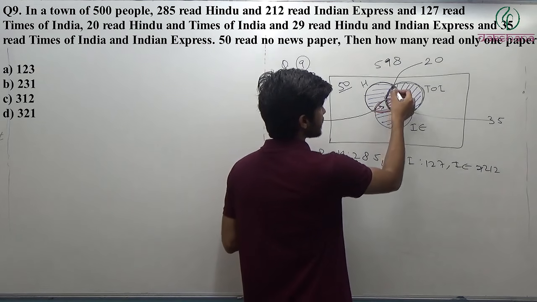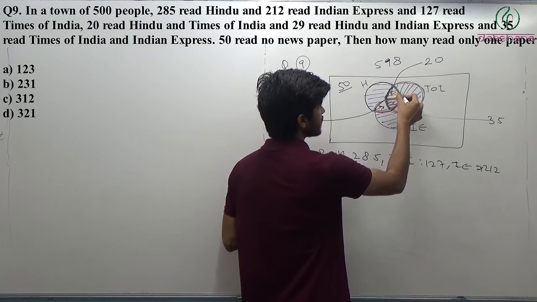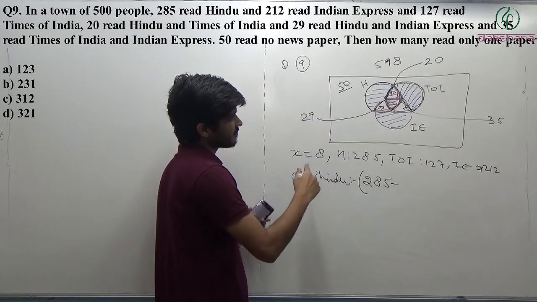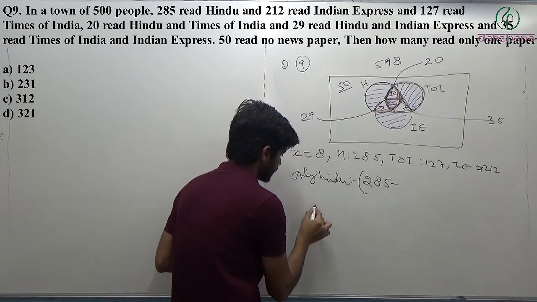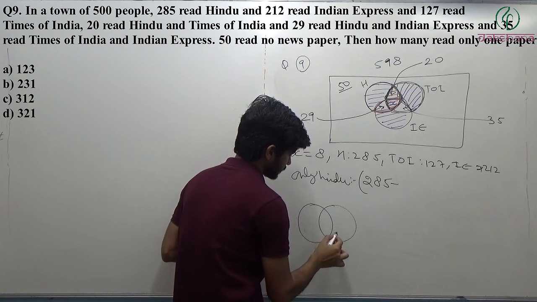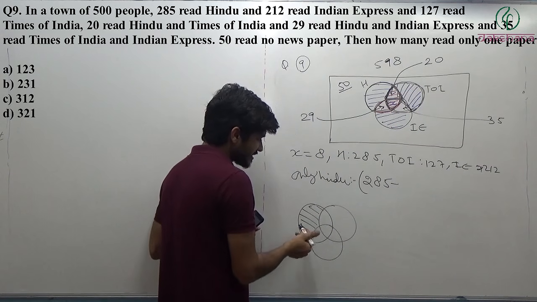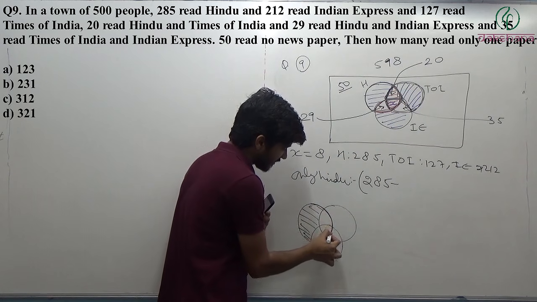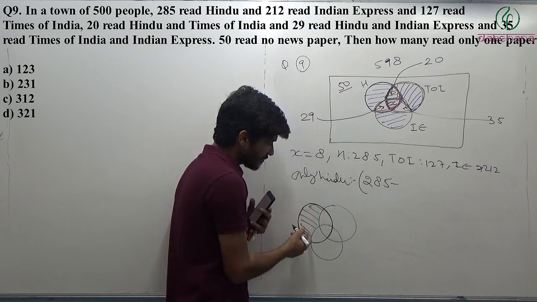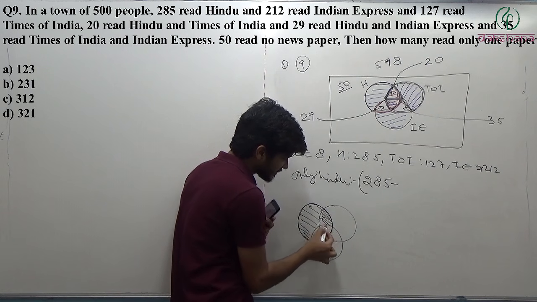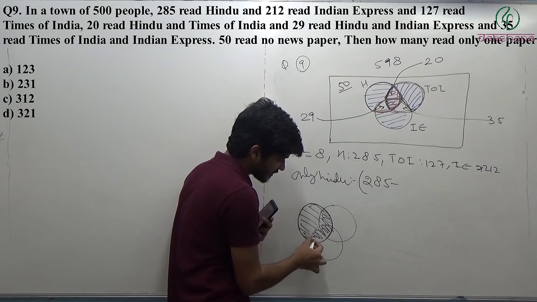minus, you need to subtract these guys, right? I think this is cluttered, so we will make this one here. I need to find these people only, right? So I will subtract from the 285 because 285 includes all of these. 285 minus, I need to subtract this as well as these 3 ones as well as these guys.